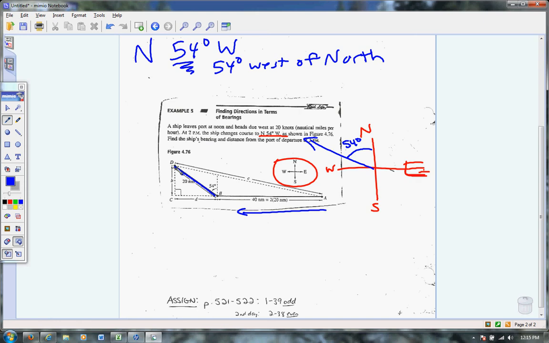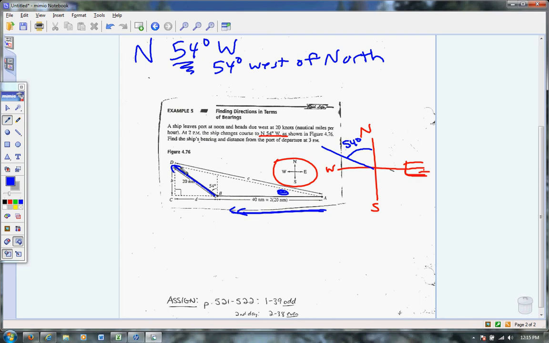Find the ship's bearing and distance from the port of departure at 3 p.m. So what are we trying to find in this case? We're trying to find this angle right there, theta. That is what turned out to be its final bearing to its final location. So it headed due west, and then it took this bearing 54 degrees. We want to know that final bearing.